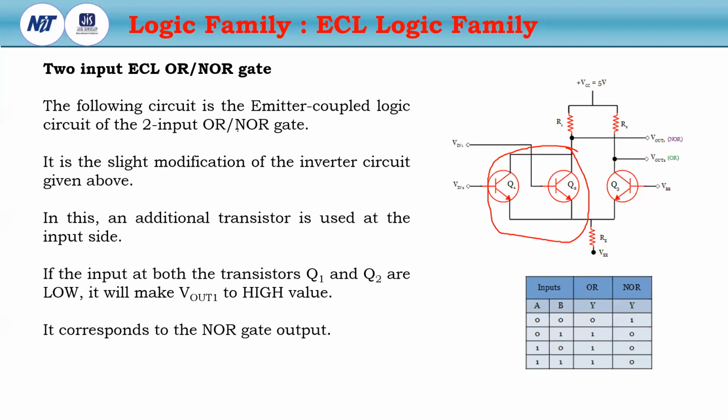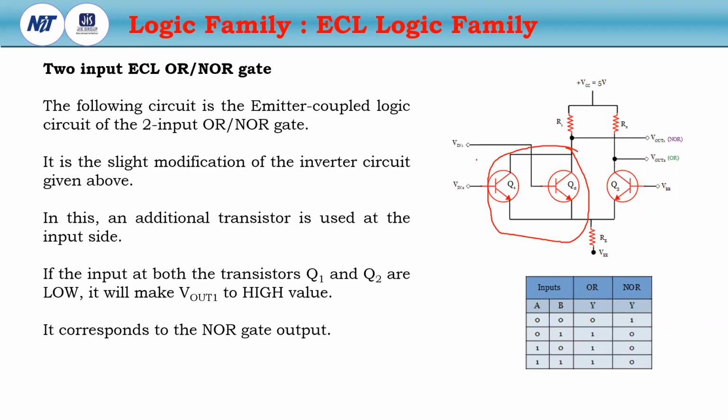So now come to the emitter coupled OR and NOR operation. It is a slight modification of the inverter circuit. One transistor is additionally attached, connected in parallel. When the inputs at both the transistors Q1 and Q2 are low, then the base emitter diodes of the transistors are, sorry, reverse biased.